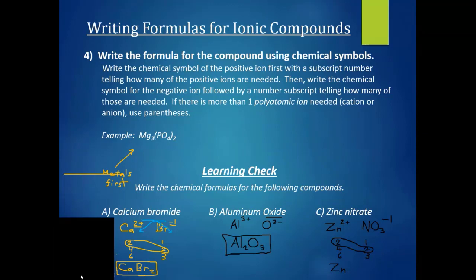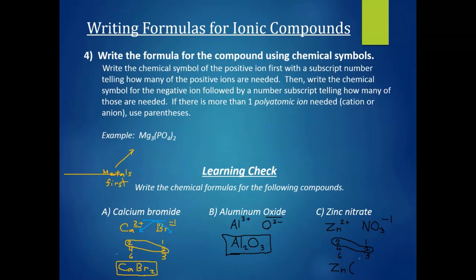And then how many nitrates do I need? 2. Exactly. And because it's a polyatomic ion, what do I need to use if I have more than one polyatomic ion? Parentheses.